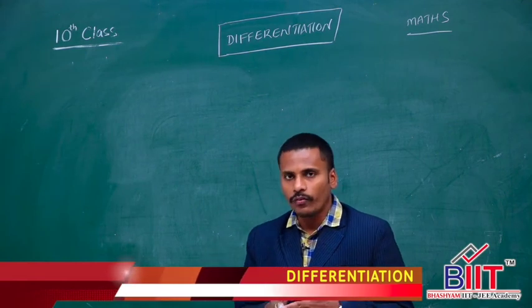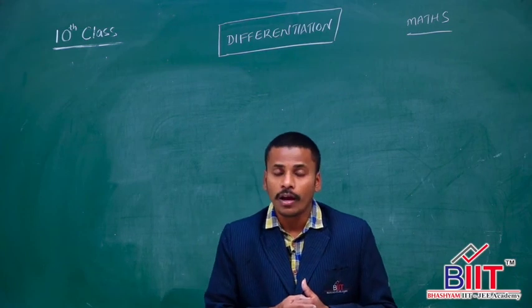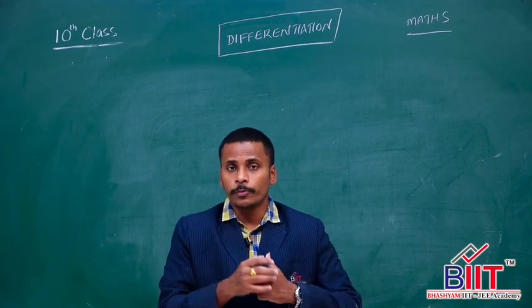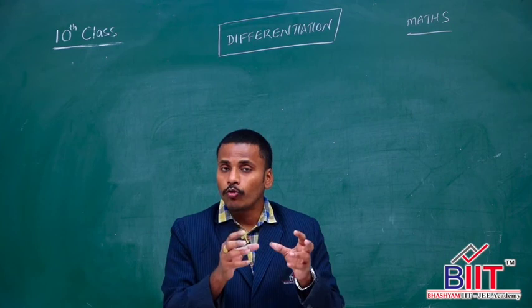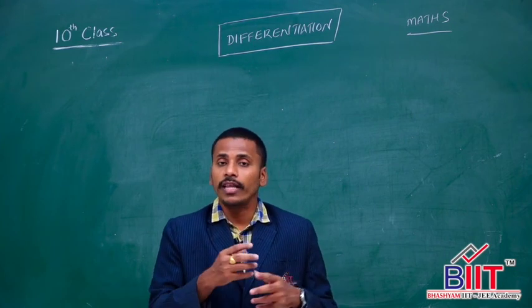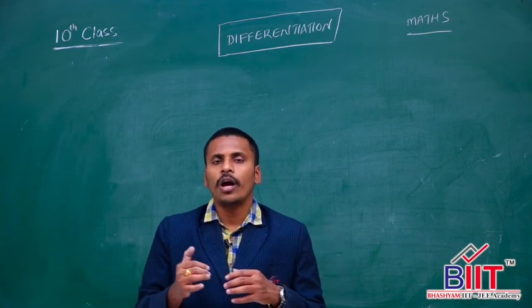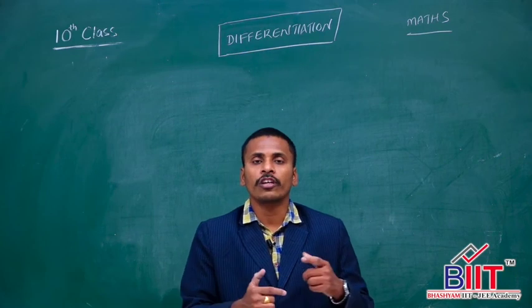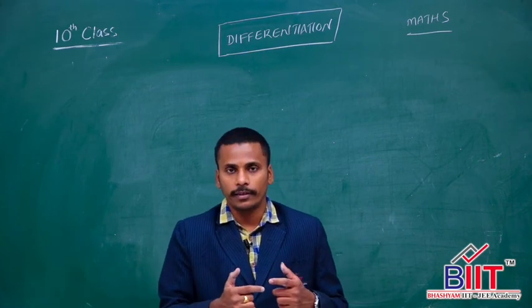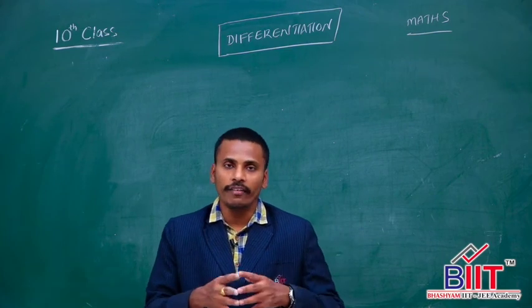In this class what we learnt? We learnt about the basic definition of derivatives, then the first principles method, and derivative formulas for different standard functions as a slide. Along with that, algebra of derivatives, product rule, quotient rule and chain rule, different problems related to chain rule, everything we learnt. As I said, differentiation is the process of finding derivatives.